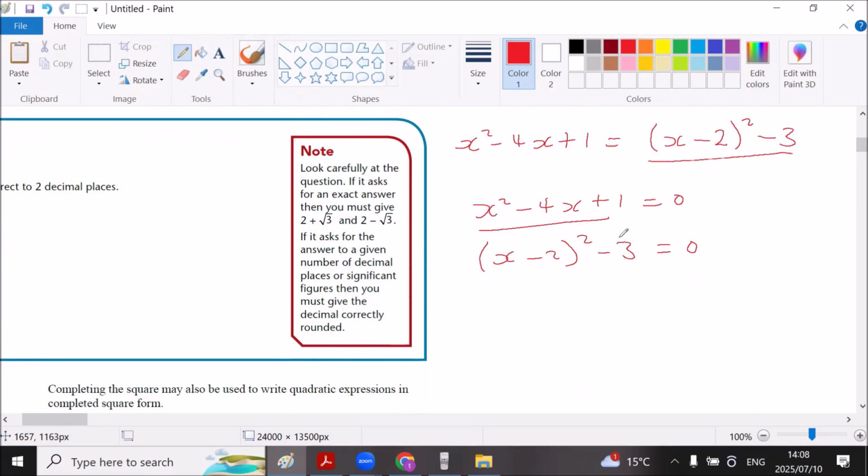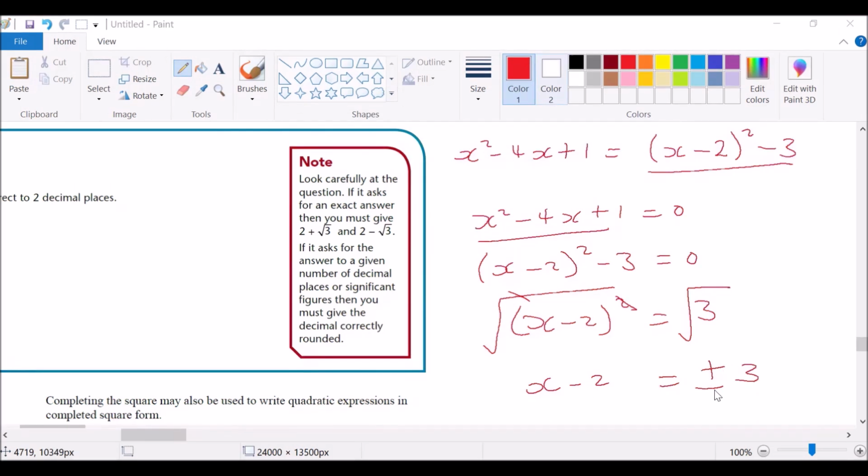Now we can move this minus 3 to that side and have x minus 2 squared is equal to 3. Square root both sides. The square root has the effect of cancelling the square. So we have x minus 2 is equal to plus or minus 3. Correction here, this should be plus or minus square root of 3.